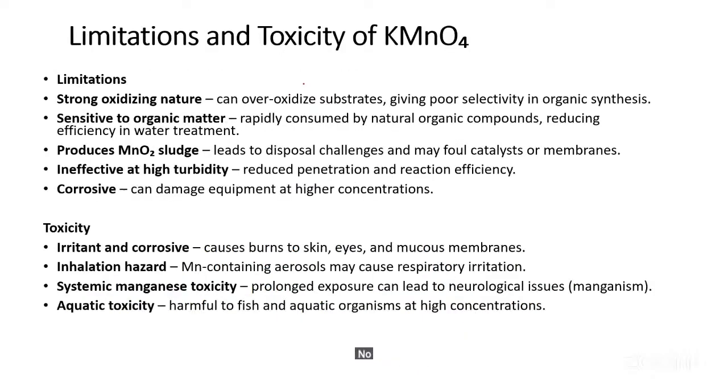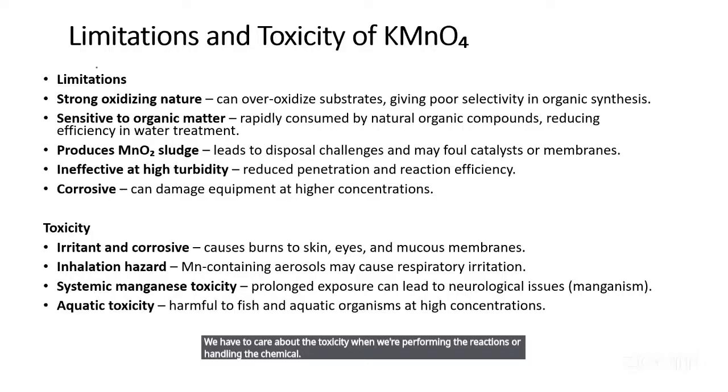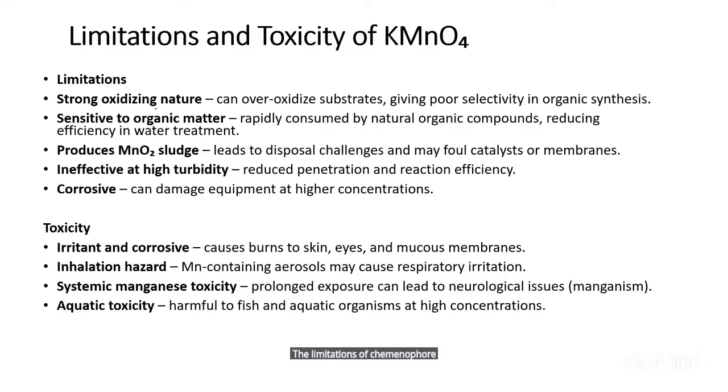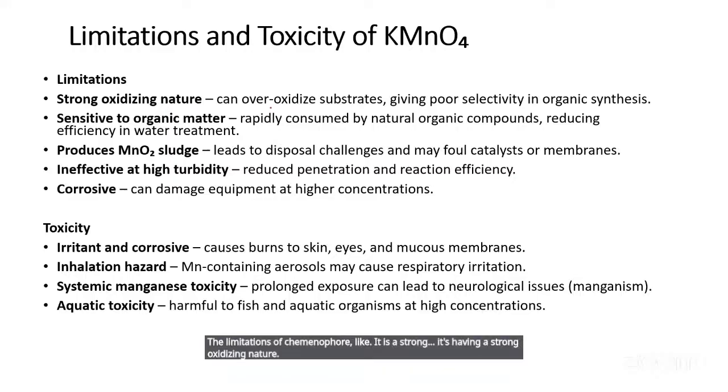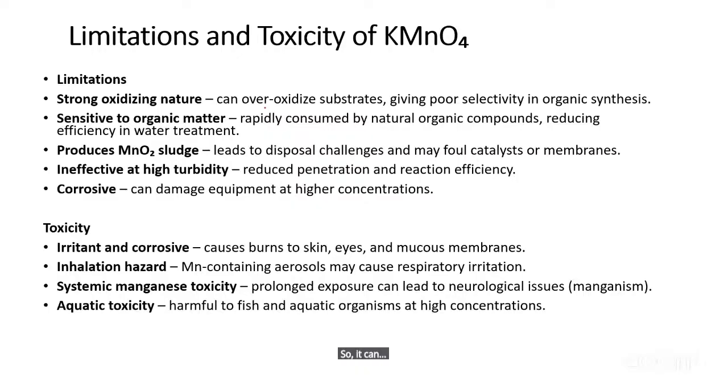Now, we use chromium for oxidation. It has some limitations, and we have to take care about the toxicity when performing the reactions or handling the chromium reagent. The limitations are that it has a strong oxidizing nature, so it can oxidize different substrates, and due to that, less selectivity is observed in the synthesis.